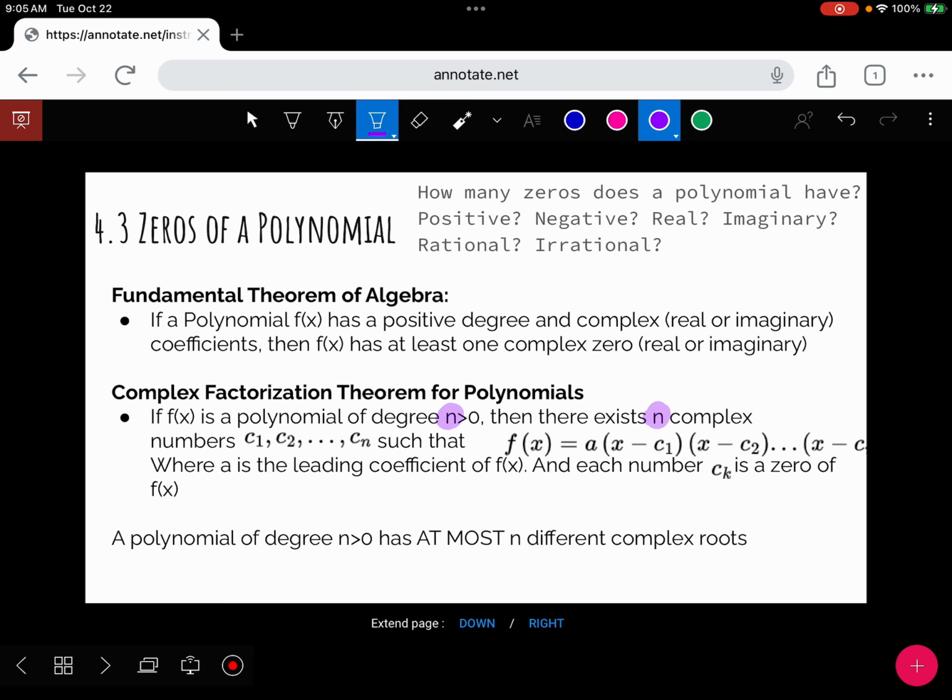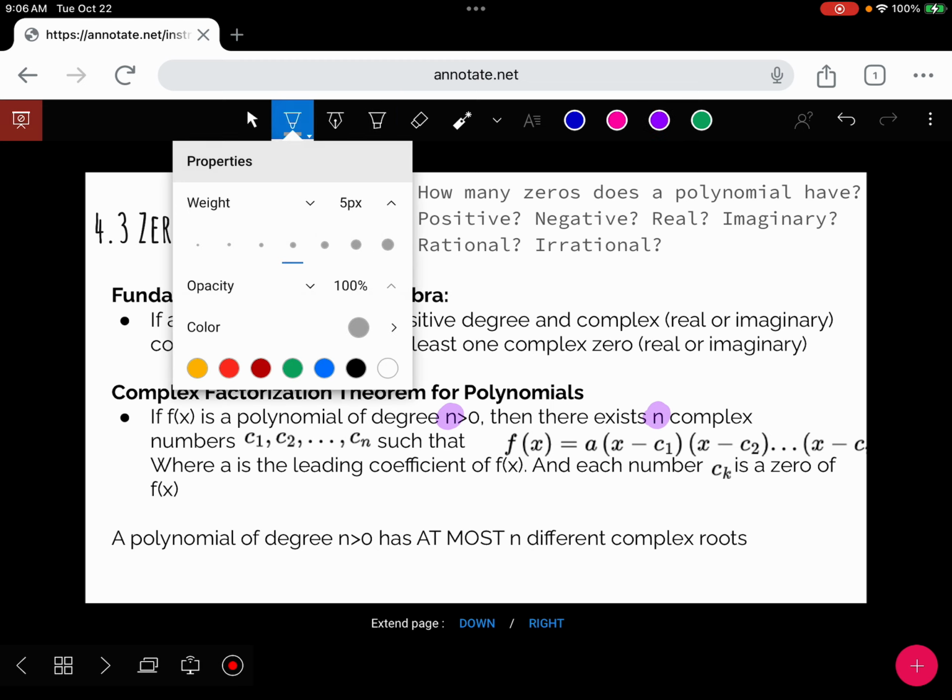They may be imaginary, they may be repeated, but we have roots that are the same number as our degree. Not more. I cannot have more roots than my degree.